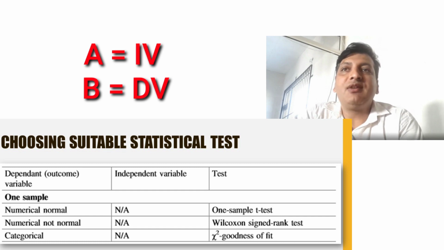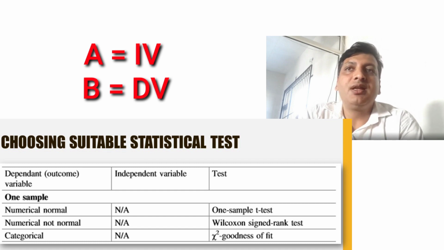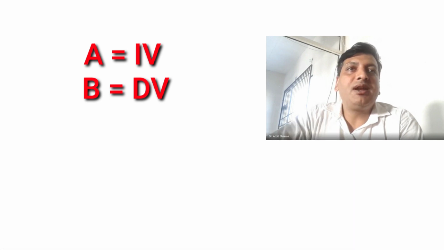So if you have only one numerical variable which you want to compare with some other person's reading, you can compare with the test called one sample t-test if the data was found normal. If the data was found not normal, then the alternative of the one sample t-test is the Wilcoxon signed rank test.